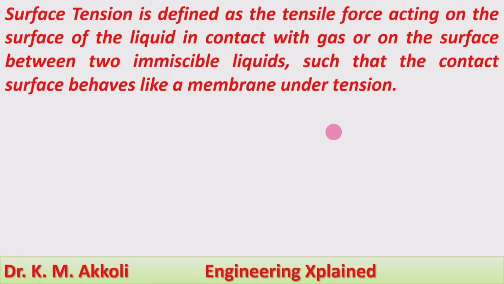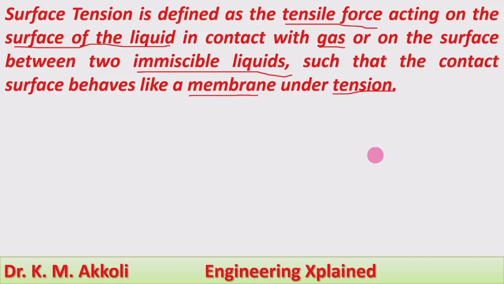First, we'll take the definition of surface tension. Surface tension is defined as the tensile force acting on the surface of the liquid in contact with gas, or on the surface between two immiscible liquids, such that the contact surface behaves like a membrane under tension.